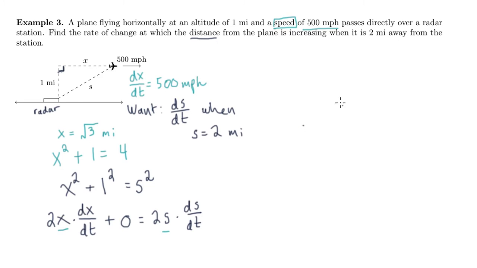And so over here we have 2 times x, which is square root of 3, and then plus 0, equals 2 times s, so 2 times 2, and then ds/dt is what we're looking for.